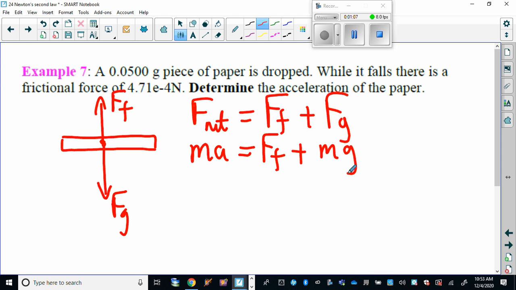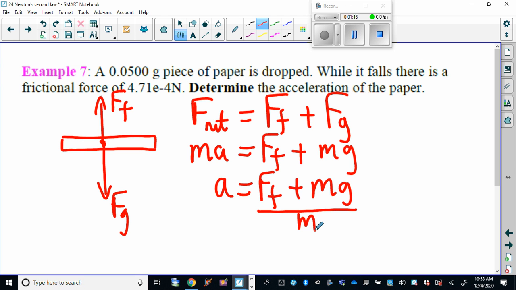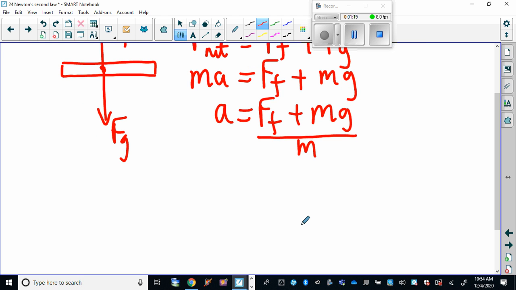Divide both sides by M, and you get (FF plus MG) divided by M. Don't cancel out the M's, whatever you do. You can only do that if M was common, if it was FF times M also. And then just fill in the numbers.